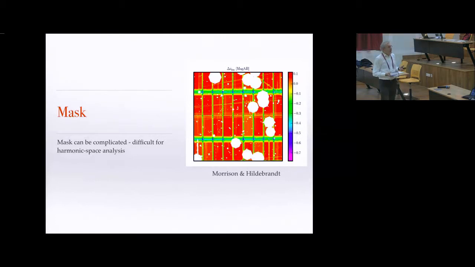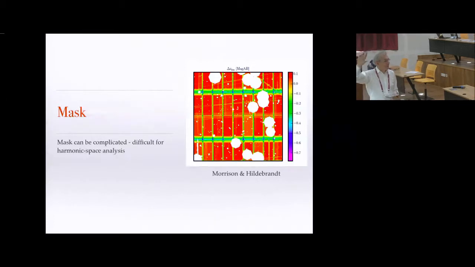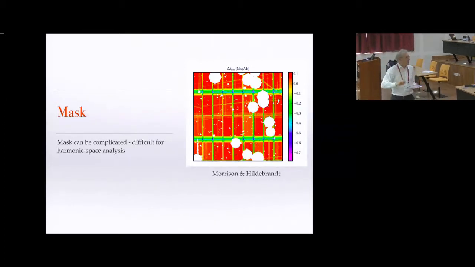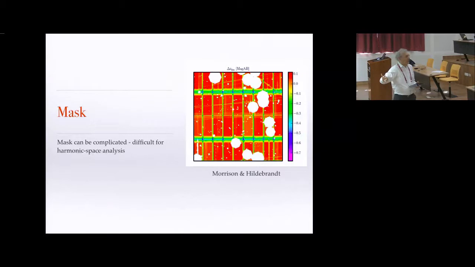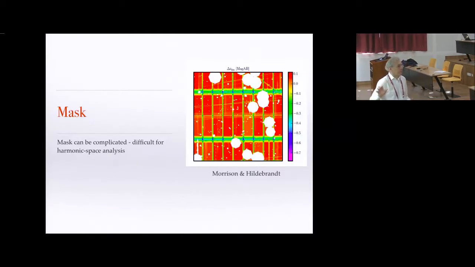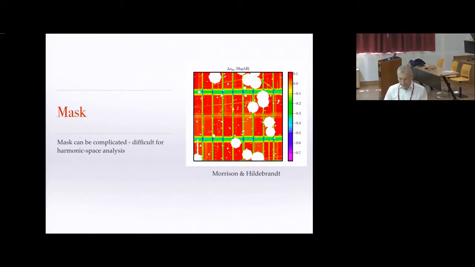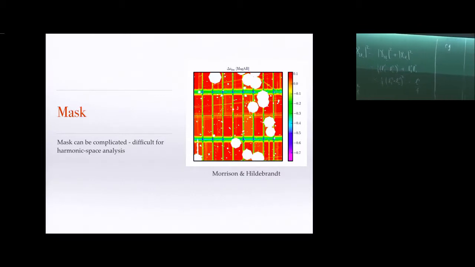So as you're probably aware, if you try to estimate the harmonic space statistics of a field that's not very simple, then you get all sorts of convolution effects, which I'm sure you'll hear about in some of the other courses later on. So I'm not going to go into details about that, but just to say that with a very complicated mask, doing things in harmonic space is more challenging. So what people have tended to do so far is to work with real space coordinates, or configuration space coordinates, and then you have to relate those back to the theory.